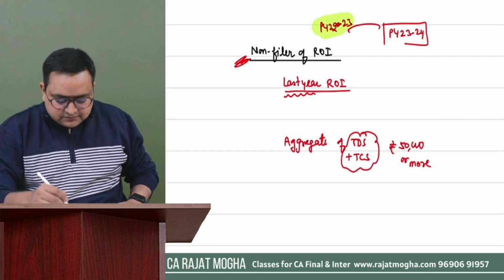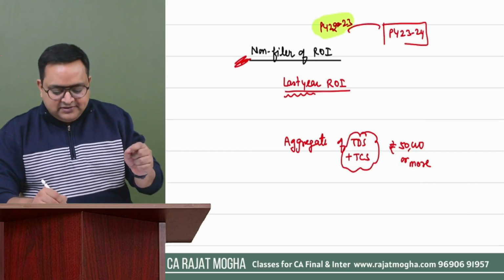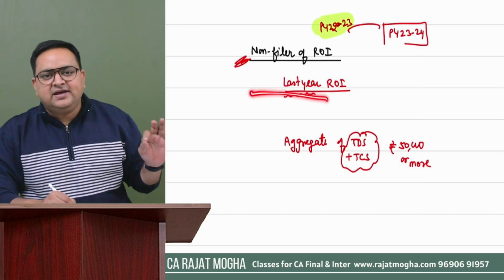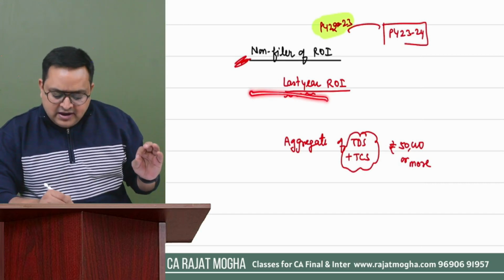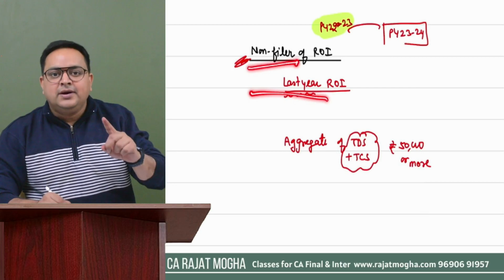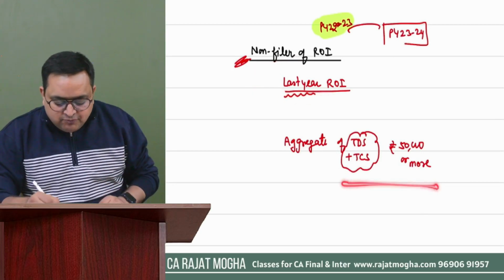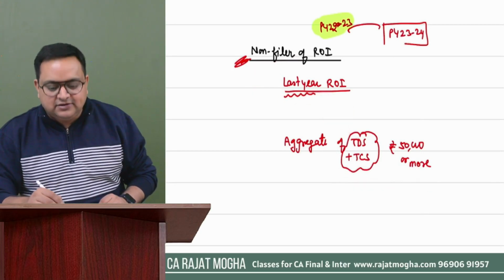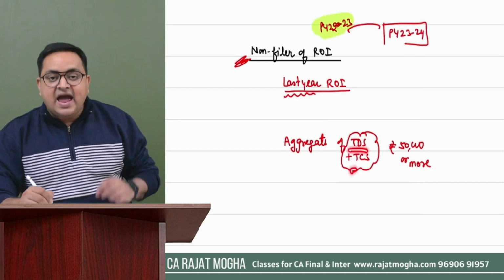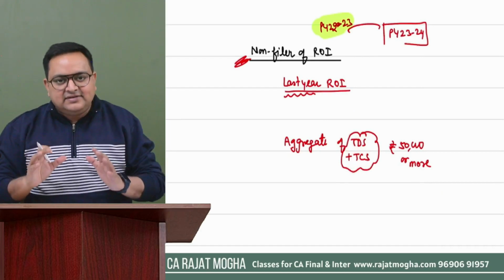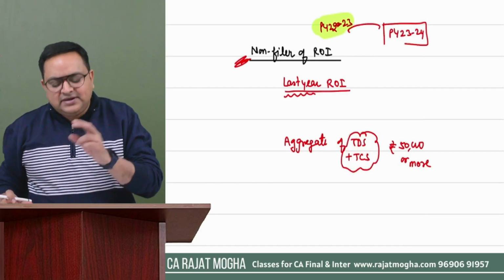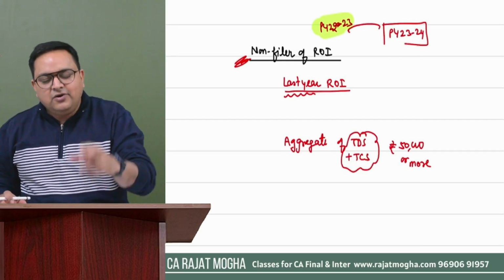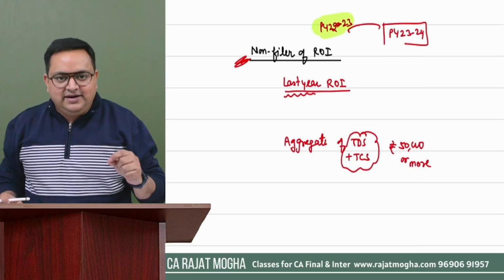Let's say there is a person who has not submitted last year's return on time. Can we call him a non-filer? No. Please look at this condition also. Both conditions should be satisfied. Their TDS and TCS. I understand that I have not discussed TCS with you, but you don't have to do anything with TCS right now. You just have to aggregate that TDS and TCS.